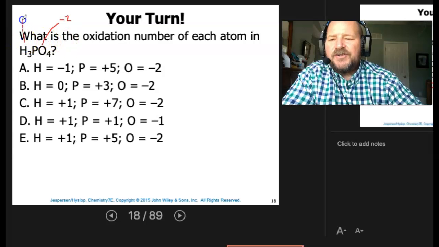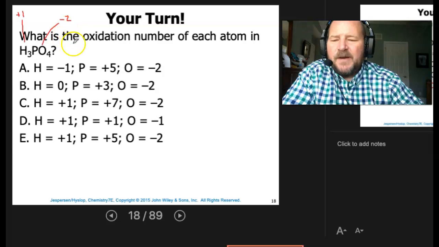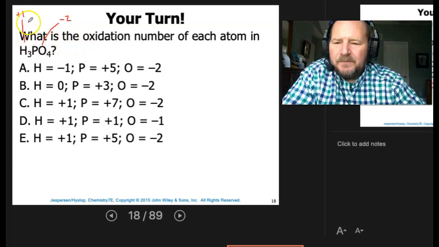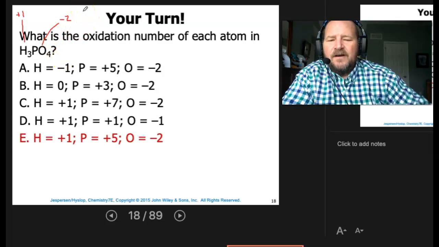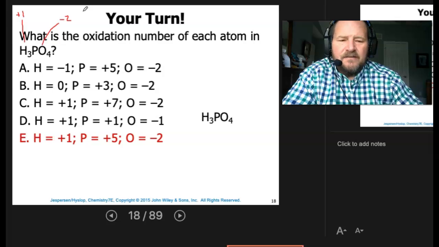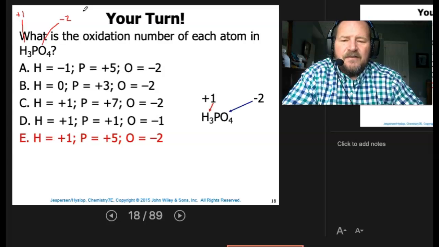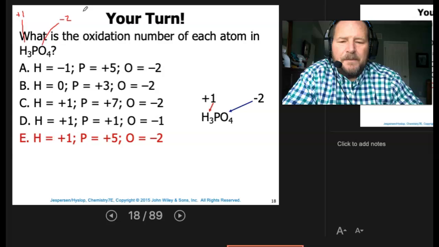We know hydrogens should all be plus 1s. So we have negative 2 times 4 is negative 8 plus 3. All right. So that means we should have a phosphorus with plus 5. And so that's going to be E. And again, positive 1 for the hydrogens, minus 2 for the oxygens. The phosphorus then has to be plus 5.